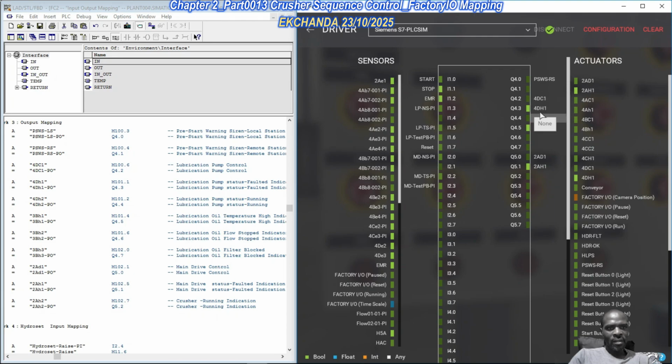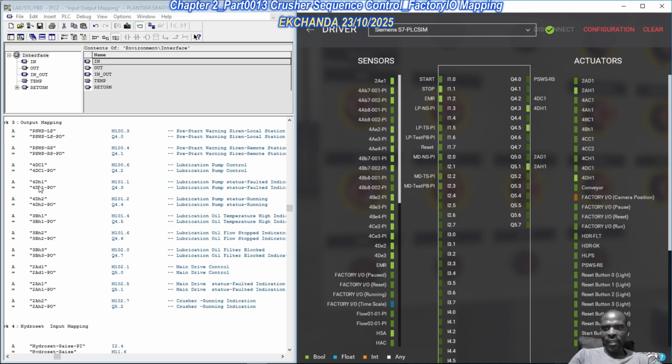4DC1, 4DH1, 2AD1, 2AH1. Now the addresses have to be aligned to the addresses in Step 7, because you see that the pre-start warning siren was mapped to Q4.0, which is what we have, and then 4DC1 is mapped to Q4.2. So Q4.2 in Step 7 is Q4.2 in FactoryIO.